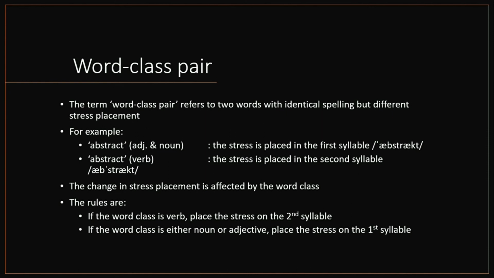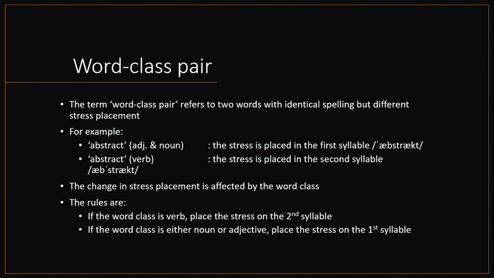Okay, next is word class pair. The term word class pair refers to two words with identical spelling but different stress placement. For example, when you say abstract as an adjective or noun, the stress is placed at the first syllable, at the a.